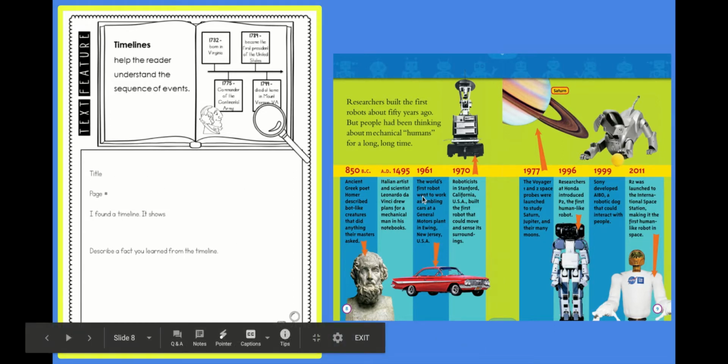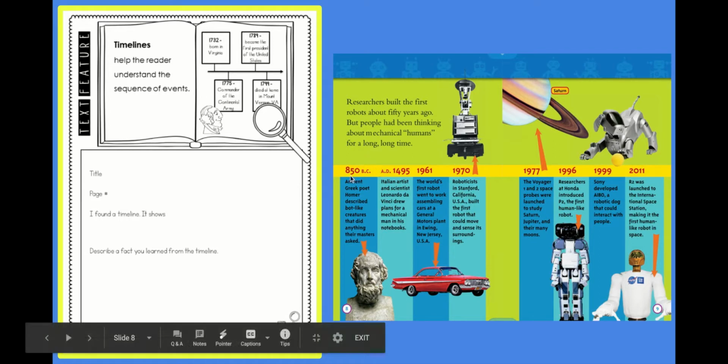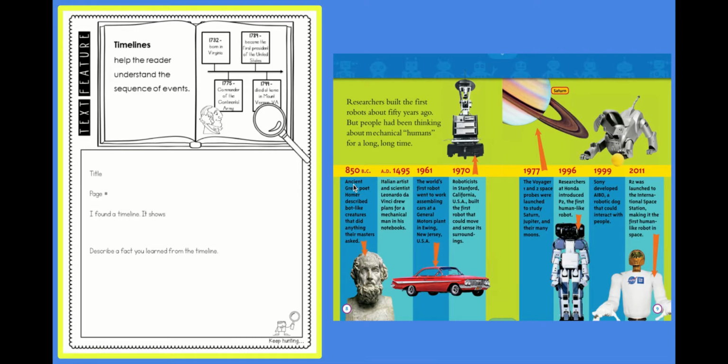So I found this timeline in my robot book on page 8 and 9, and it shows around the time where first robots or bot-like things were created back in 850 BC all the way to 2011 on this timeline. This book is a little bit older, but it shows how these robots have evolved over time.